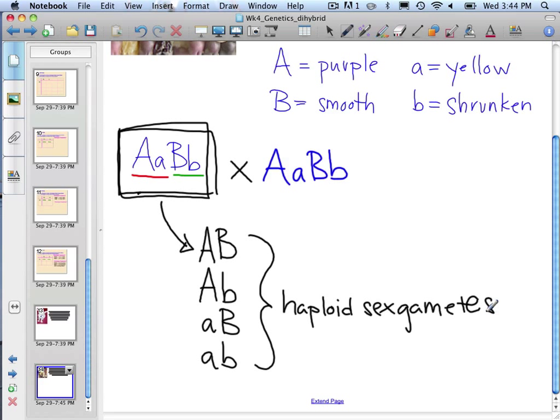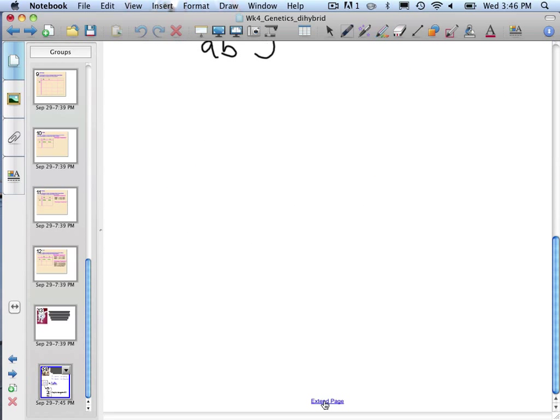The other thing to notice before I set up my Punnett square is since this parent has the same genotype as the first parent, they're going to pass on the same gametes because they're both heterozygous for both traits. So the fact that each parent has 4 different potential gametes means that my Punnett square has to have 4 boxes to a side. Okay, so I'm going to set up my Punnett square here.